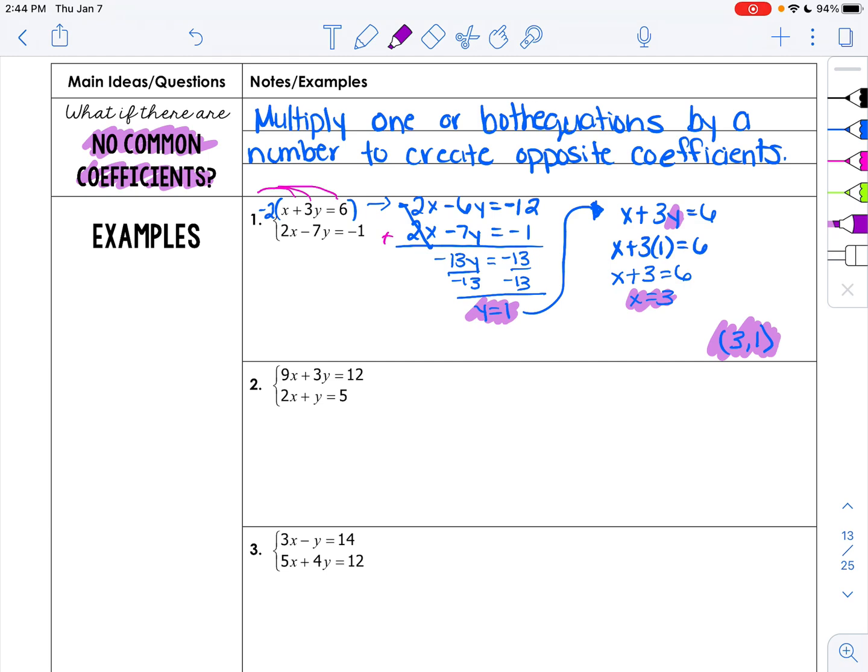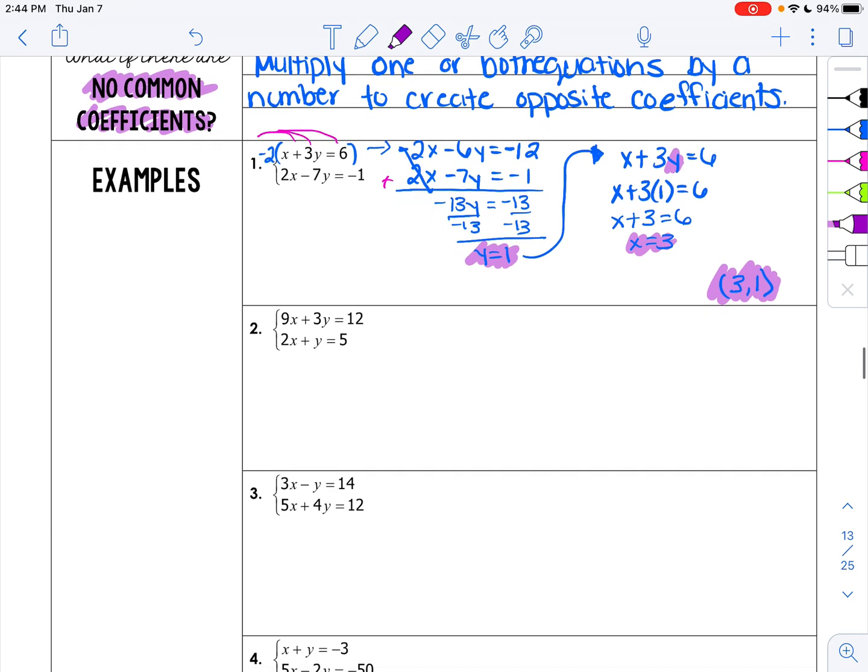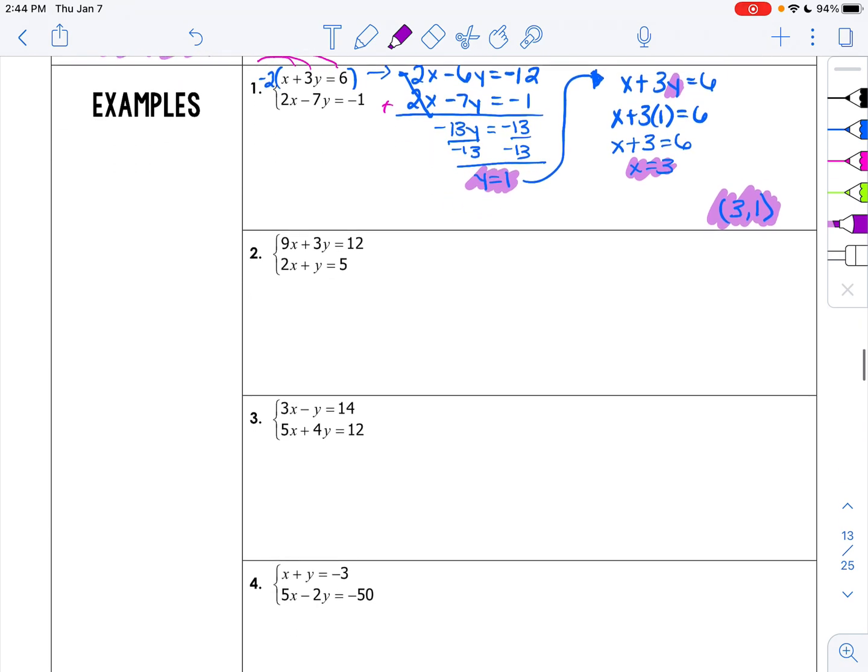Let's take a look at a second example. Number 2, I can see that everything is lined up. My x terms are lined up, my y terms, my equal sign, and my constant. And I can see that I don't have matching coefficients. So I'm going to force my equations to have matching coefficients. I can see that my y terms are close.